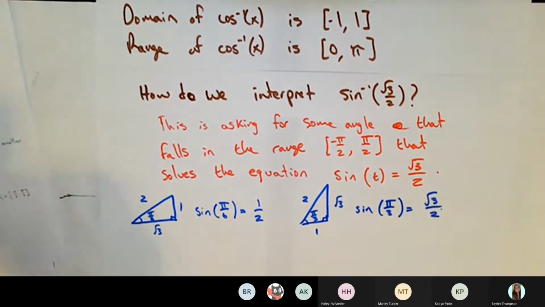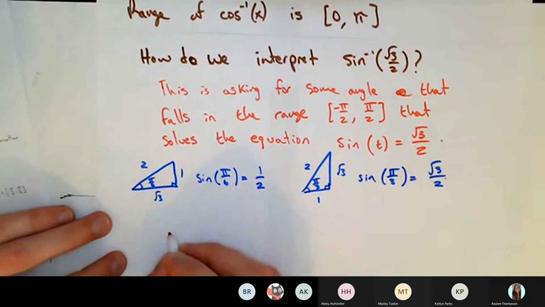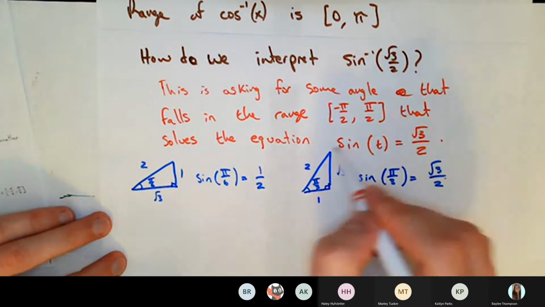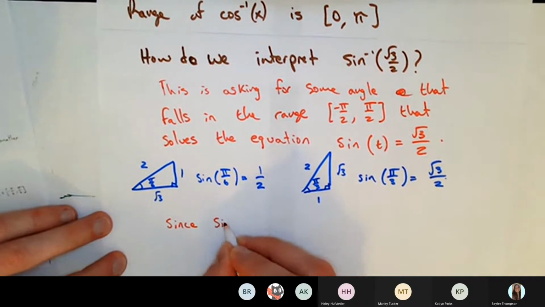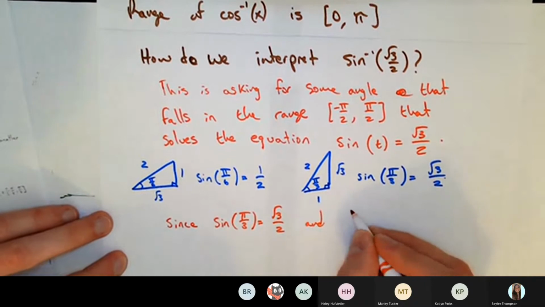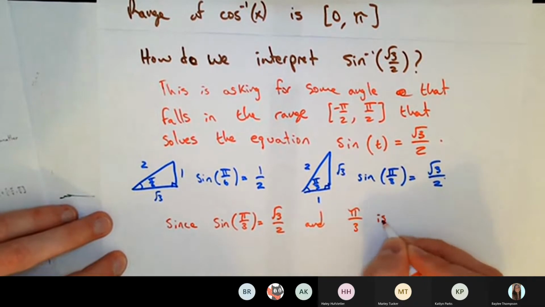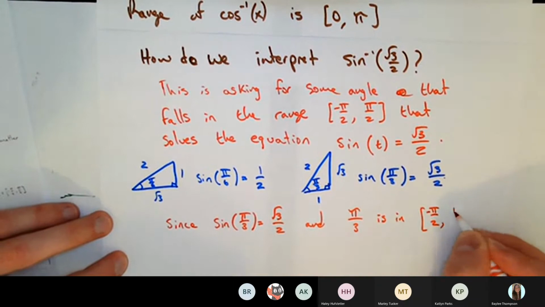So my answer is pi on 3, but I also need to make sure that pi on 3 falls in this range, and it does. So what I'll say is since sine of pi on 3 equals square root of 3 over 2, and pi on 3 is where it's supposed to be outputted, right?